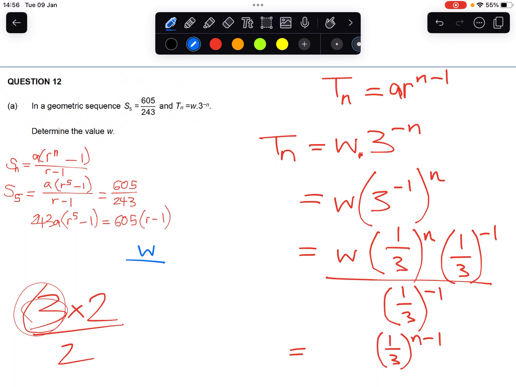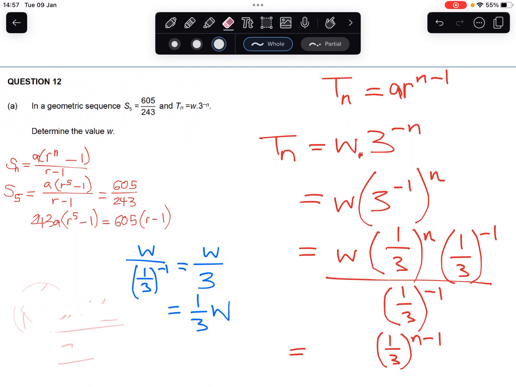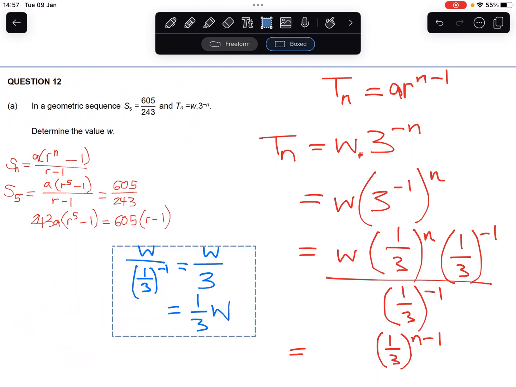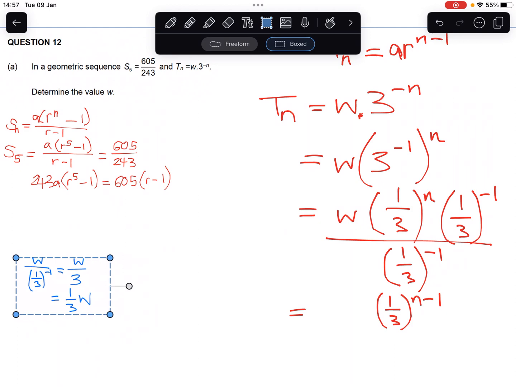W divided by 1/3 to the minus 1 is just the same as W times 3, because the minus 1 makes the numerator and the denominator switch around, in very informal terms. So this just becomes 3W. Or another way we can write it is W divided by 3, which is the same as 1/3 of W. Let's move this somewhere here.